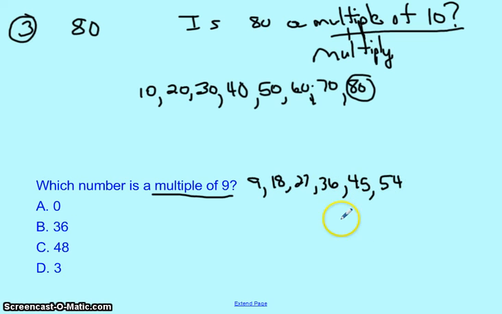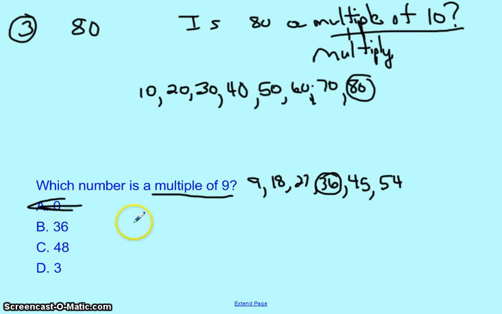So let's take a look through our list because we're trying to find out if any of these are in the list. Well, 0 is certainly not a multiple of 9. And there is 36. And there we find it. Our first multiple was 9, second 18, third 27, fourth 36.